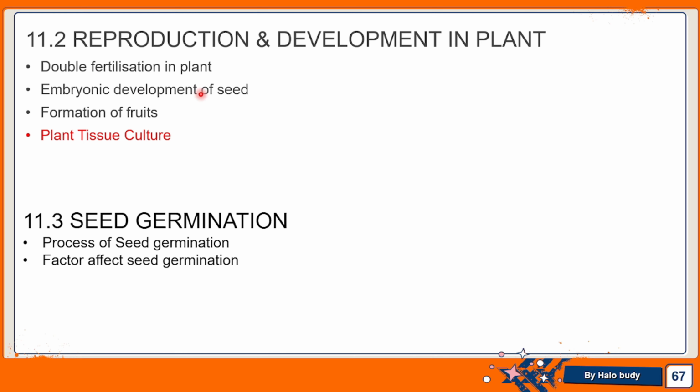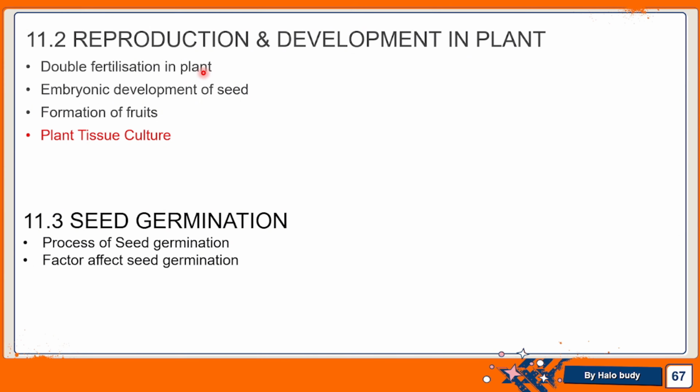Embryonic development of the seed is the new thing to learn. We know that flowering plants contain an ovary and also ovules. In SPM, you know that after double fertilization, the ovary will form fruits and the ovule forms seeds, right? But how it forms, you don't know, because in SPM you only learn about double fertilization.